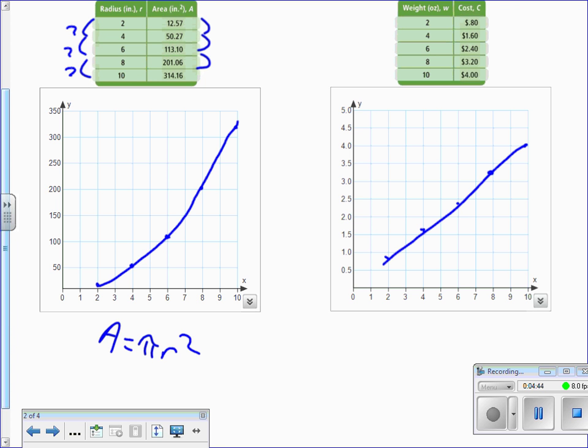And those you do connect up in a straight line. So this one is nonlinear. And this one is linear.